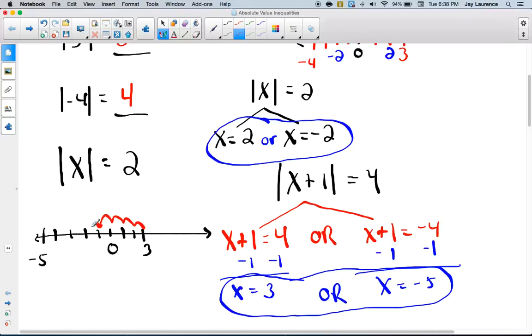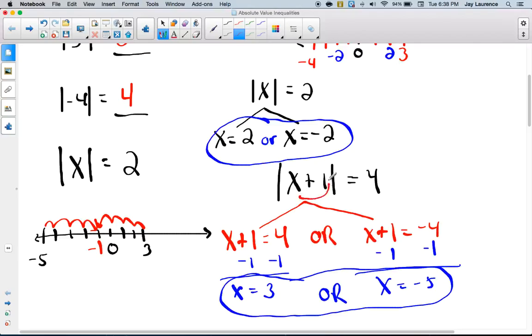Right? Now let me go from -5, 4 spaces to the right. 1, 2, 3, 4. And look at that. I end up at the same place. Where did I end up? -1. So the center of this graph, of this problem, is actually -1.